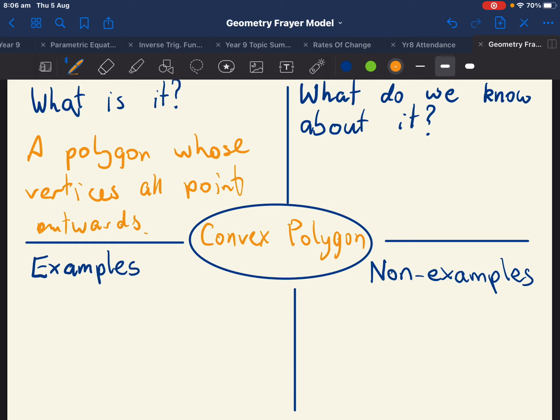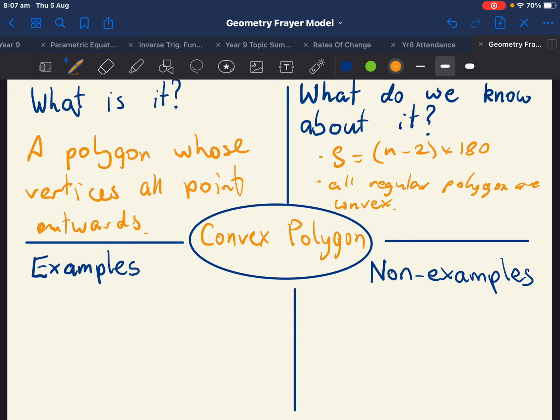What do we know about it? Well, we know the angle sum because it's a polygon. Anything you know about a polygon would apply here, right? The angle sum will be given by that. These convex polygons, we know all regular polygons are convex.